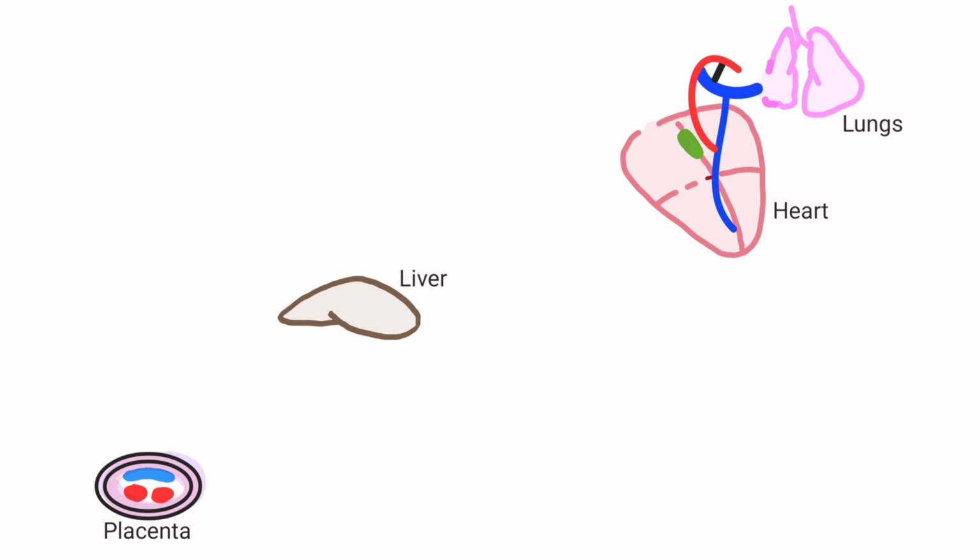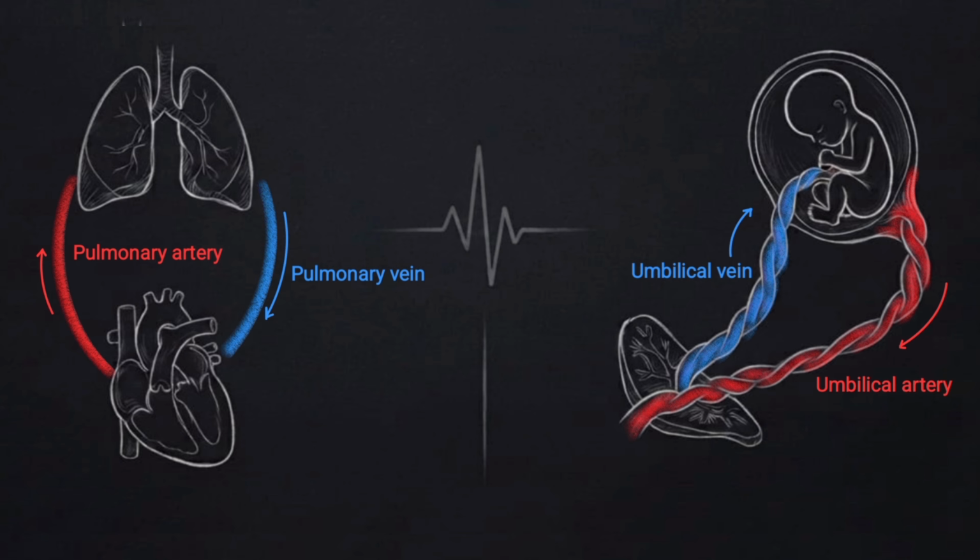Placenta has umbilical vessels. We have two arteries and one vein. Just like pulmonary artery and pulmonary vein, umbilical artery and umbilical vein are also opposite. So the umbilical vein carries the oxygenated blood to the baby and umbilical artery carries the deoxygenated blood from the baby.